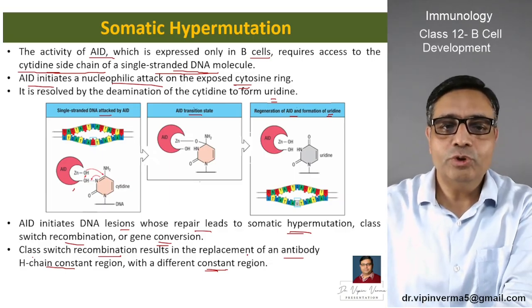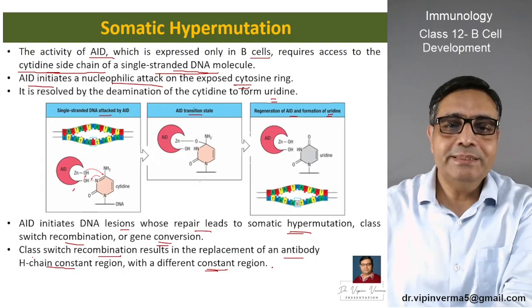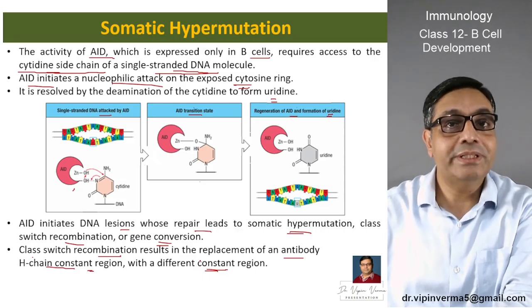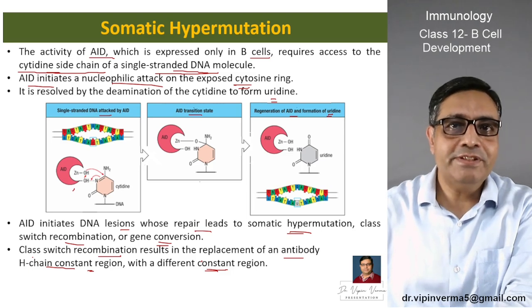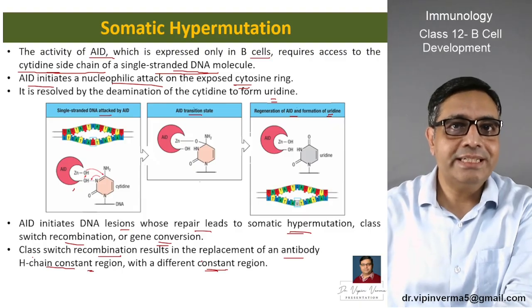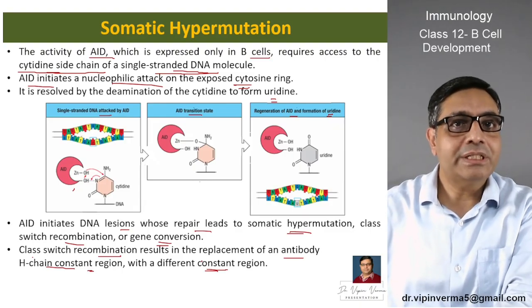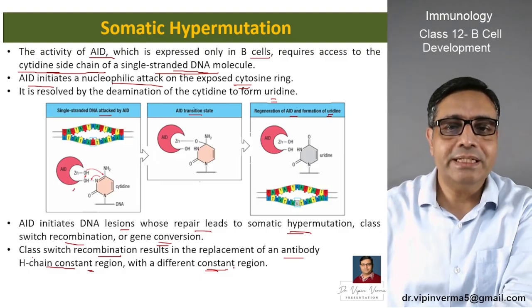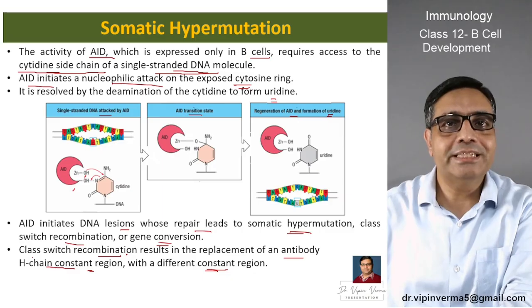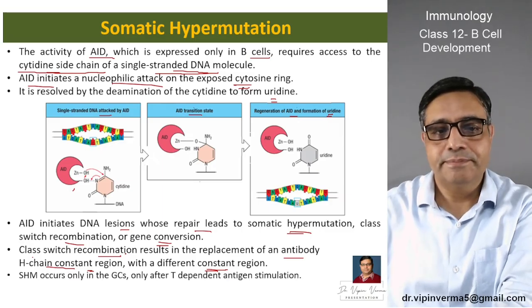So what is class switch recombination doing? It is replacing the antibody heavy chain constant region with a different constant region, but it is not touching the variable region. That means the specificity towards a particular antigen remains the same, no change, while the constant region changes, so the class changes, and therefore we call it class switch recombination, because one class is switched to another class.